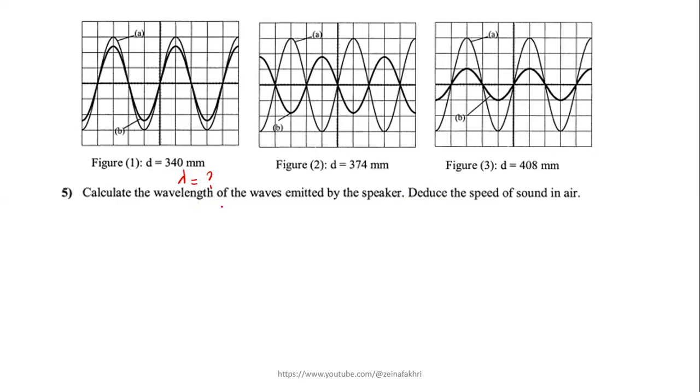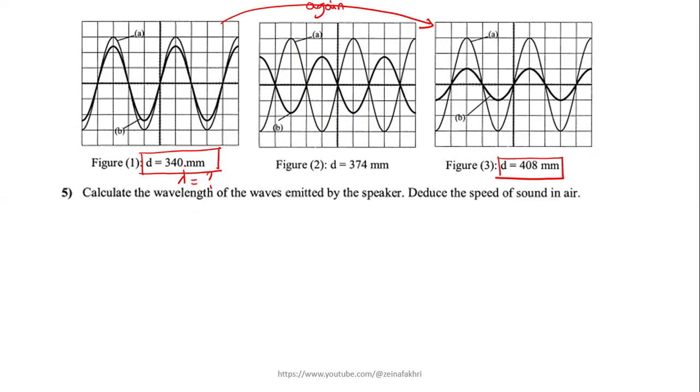In the given, we have graphs. Here we should notice that at this distance, when the two microphones were at this distance, they were in phase. Then they started to be in antiphase, then became again in phase. So from here to here, directly after, in phase.